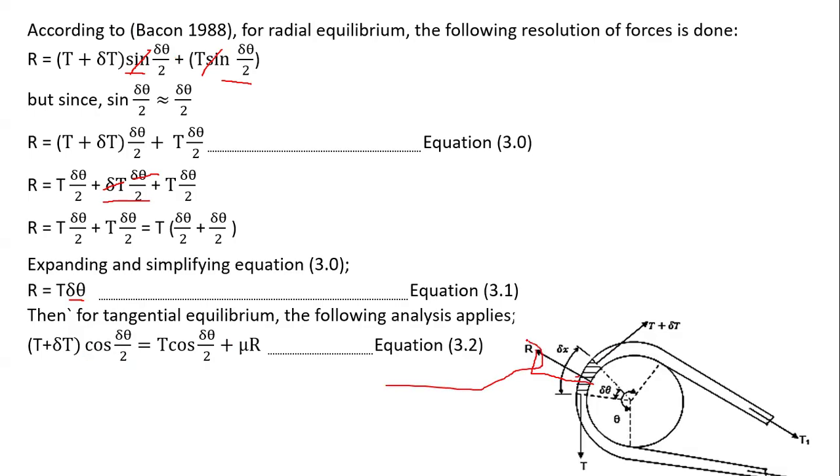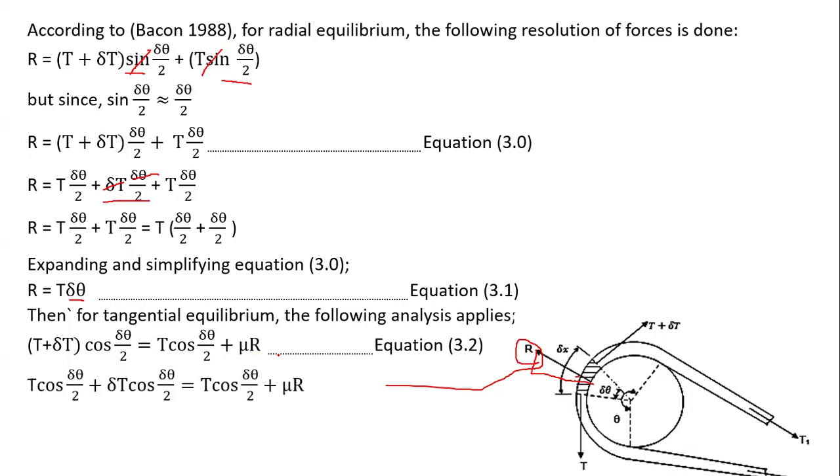And it's not in the direction of R, but this time it will be in the direction of the friction force. So therefore, we have T plus delta T cos d theta over 2 is equal to T cos d theta over 2 plus the friction force. So this is just the newcomer now.